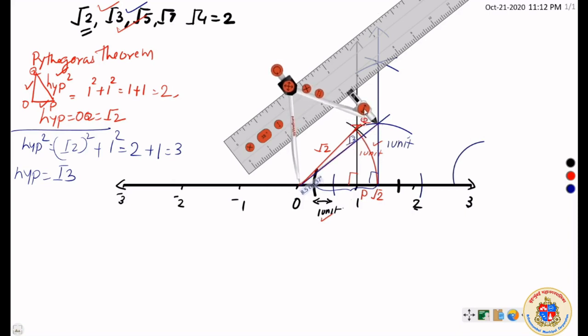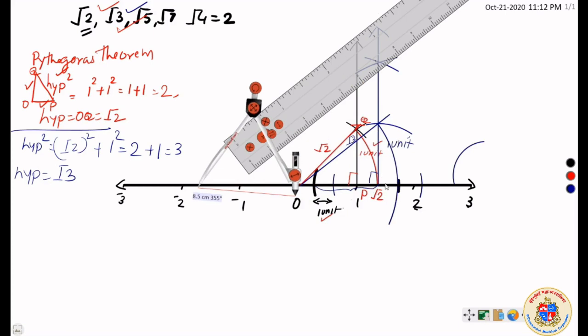Take the distance root 3 and mark it onto the number line. That means here it is root 3, this point.